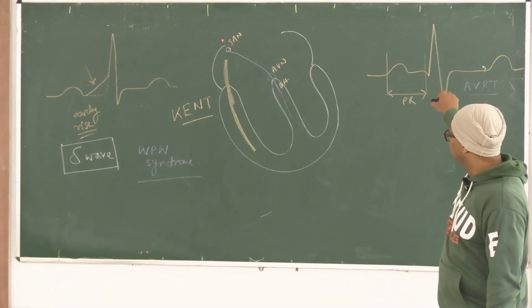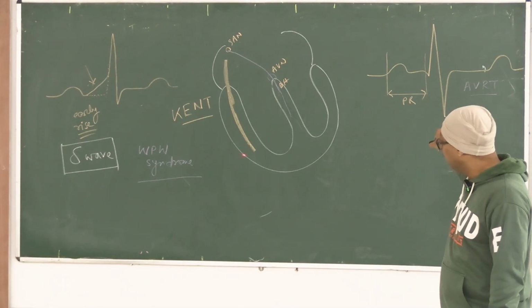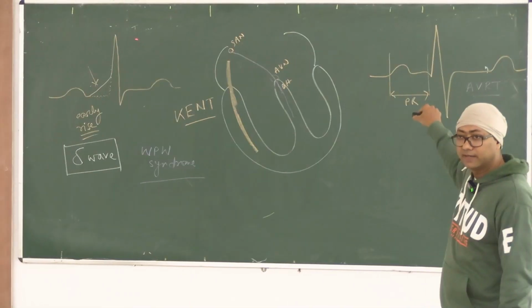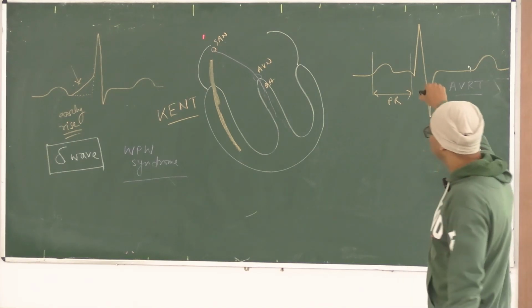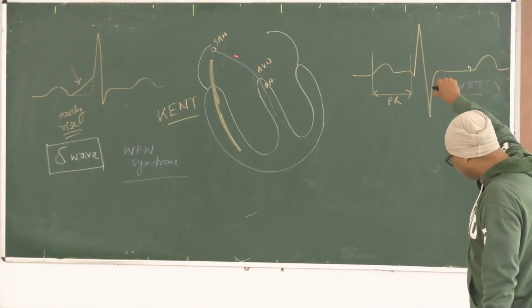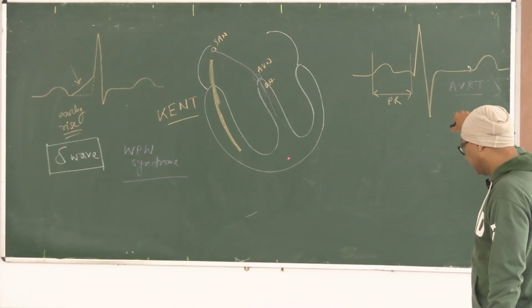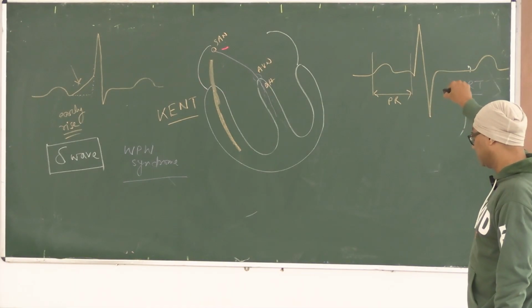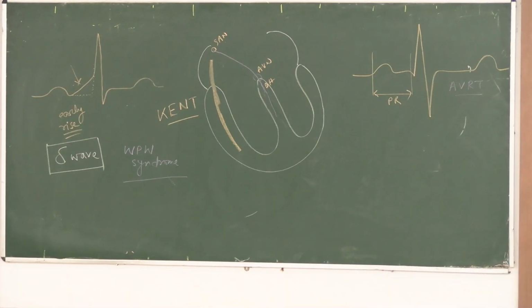So action potential can travel through the abnormal pathway, that is Kent pathway, and move back to atria through the normal pathway, right? This is one case, and another case is action potential will travel through the normal pathway, that is SA node, AV node, bundle of His, Purkinje fibers, and move back through abnormal pathway or Kent pathway to the atria.